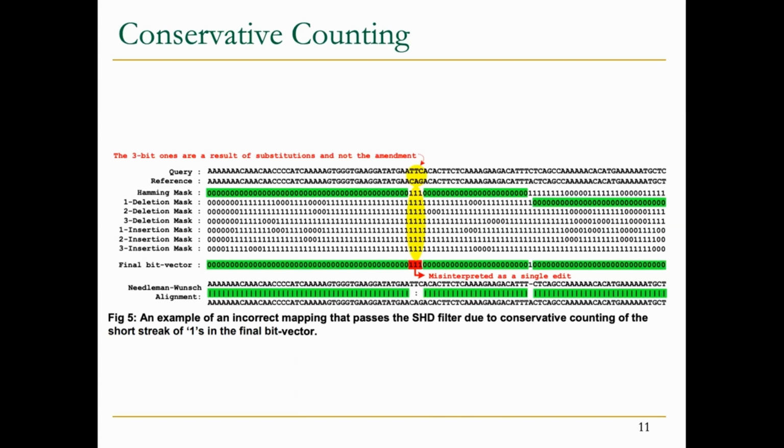We need to guess whether any 3 ones or 4 ones are coming from the amendment of zeros into ones, or whether they are actually coming from a large set of deletions or insertions, for example. So if you have a group of 4 deletions next to each other, those will show up as 4 ones in the final bit vector.